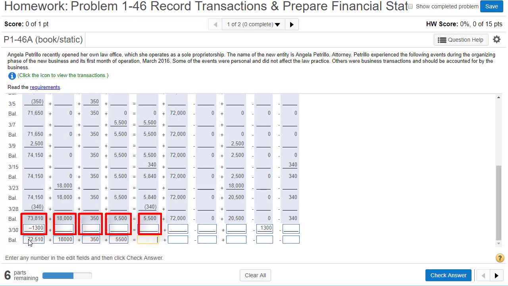We've got accounts payable of $5,500. Got capital of $72,000. We've got zero withdrawals. Service revenue of $20,500, $1,300 of utilities expense, and $340 of miscellaneous expense.